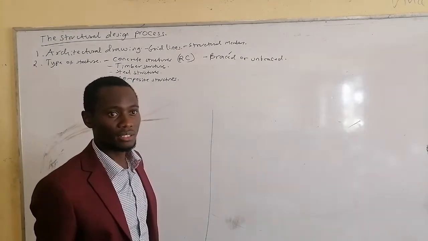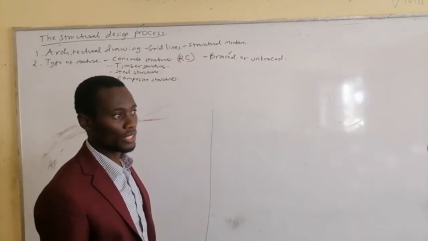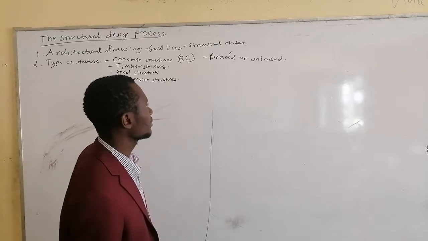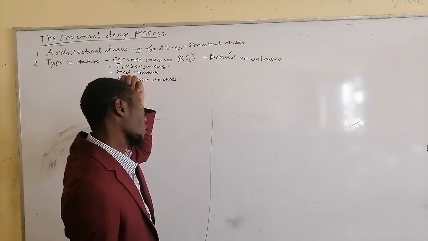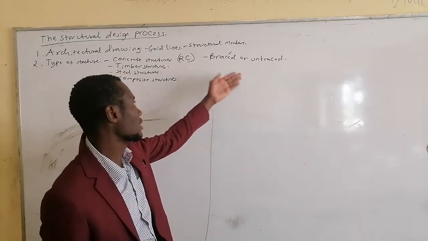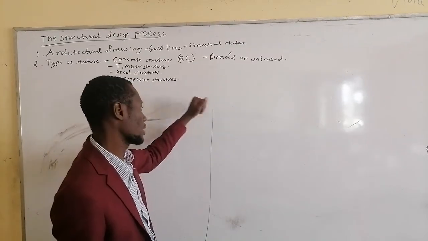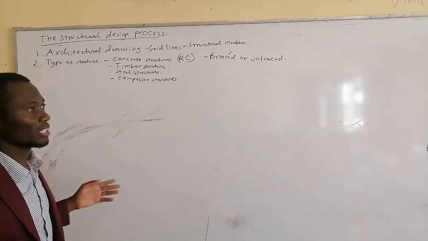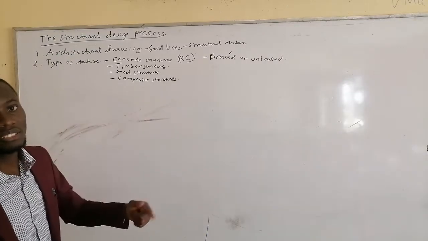Unbraced structures are those which are not meant to resist any lateral loadings, and we could have unbraced or braced structures depending on the utility of the structure. That comes when we determine the type of structure, because this is going to govern us in the design of our structure.